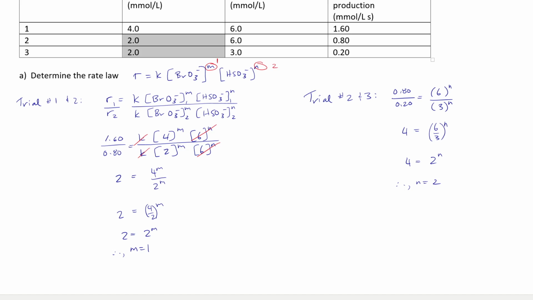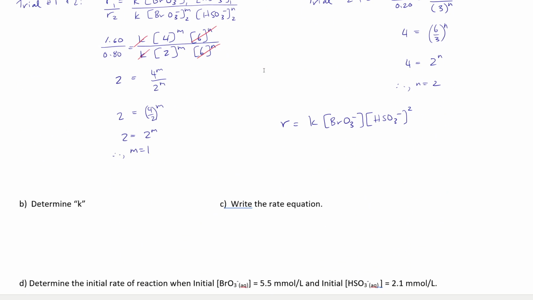So I actually can now write the rate law. The rate law is as follows. R is equal to K, the initial concentration of bromate raised to the exponent of 1, times the initial concentration of bisulfite raised to the exponent of 2. And this experimental data has now given me a clue as to the rate determining step.